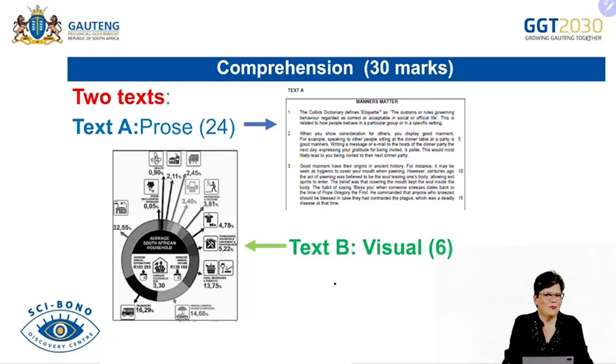Now, just remember, there will be no correlation between text A and text B. So don't try to find any connection. What I do suggest, however, is when you get your 10 minutes reading time, please use it fruitfully and read your comprehension. By doing that, you will know exactly what's in your paper.